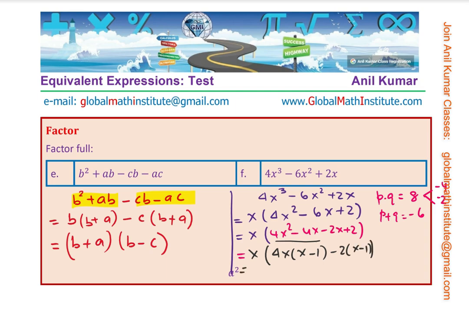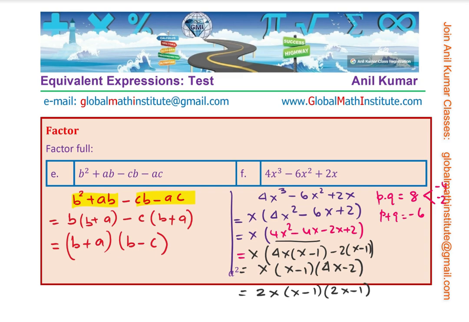And therefore we get a factored form, where x minus 1 is a common factor. And here we have 4x minus 2, right? However, we see 2 is also common. We could have factored 2 earlier also, but now we'll take out 2 from the next term. So we have 2x times x minus 1 times 2 is common here, so 2x minus 1.